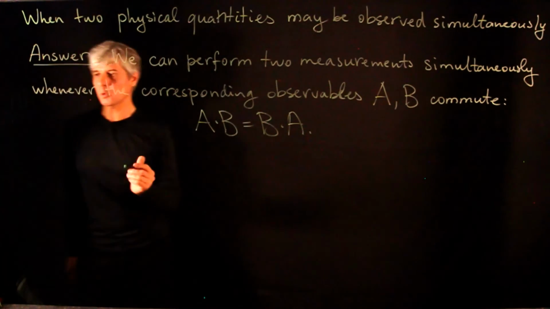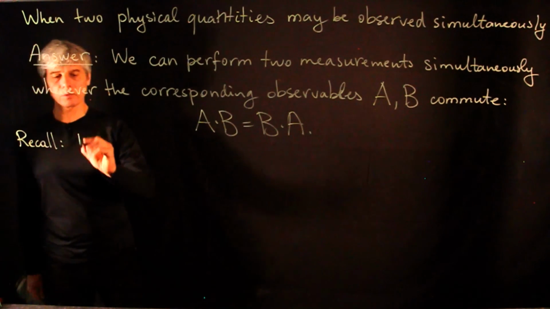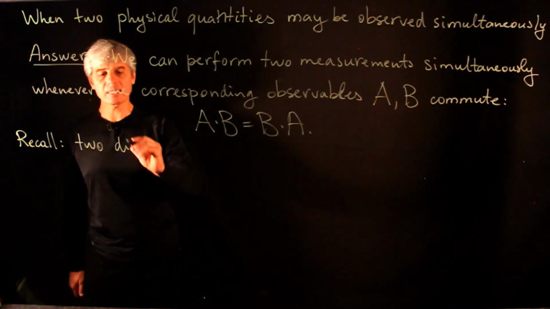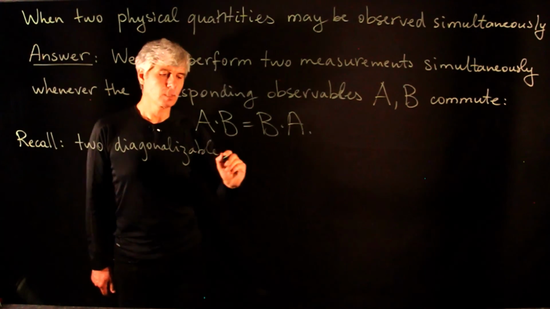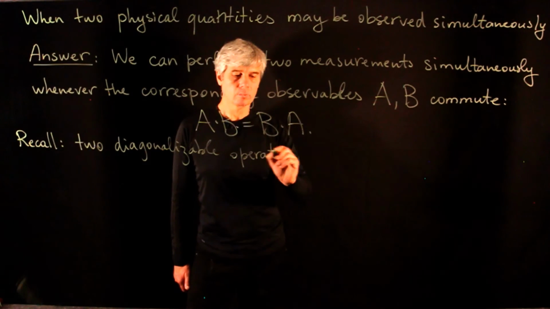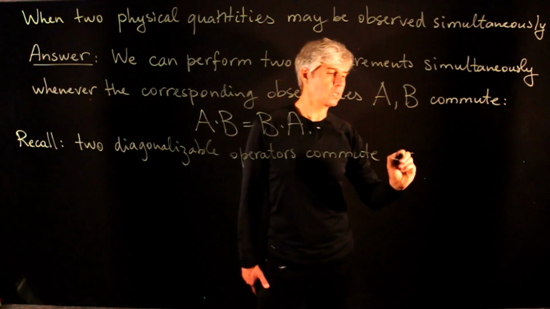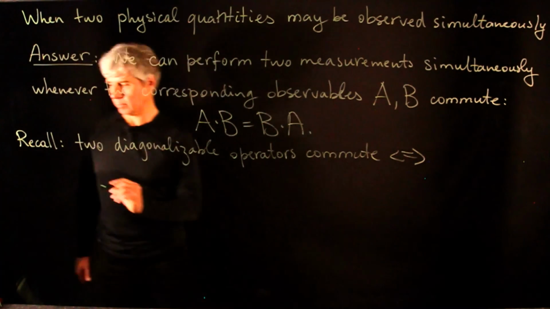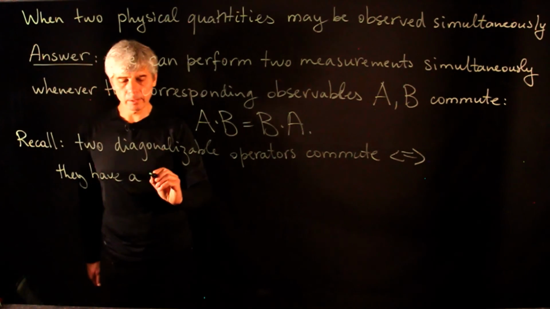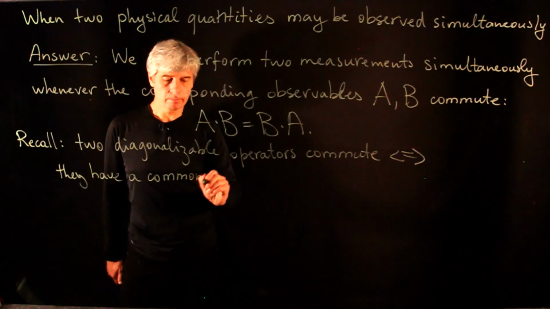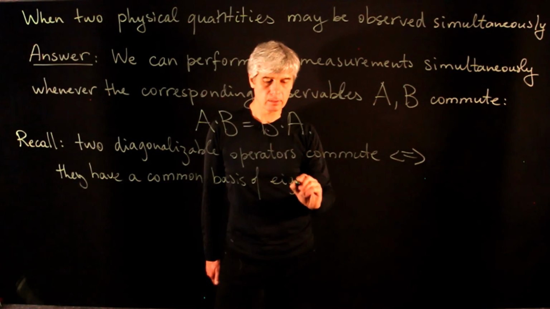So the reason for this is purely algebraic. So we can recall that two diagonalizable operators commute if and only if they have a common basis of eigenvectors.